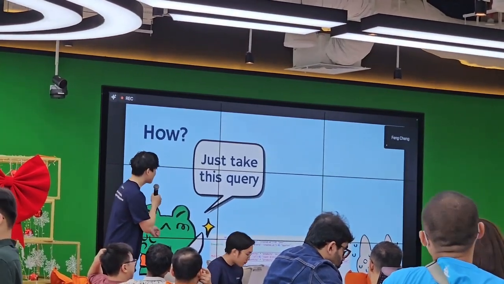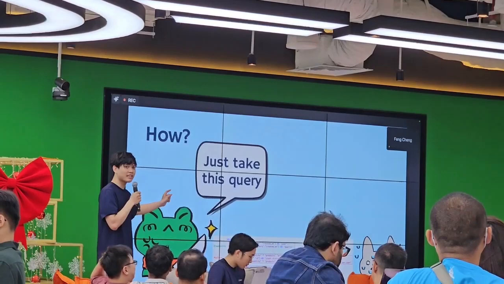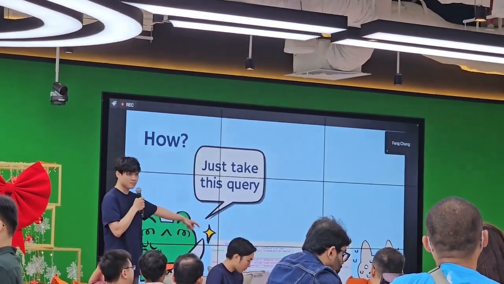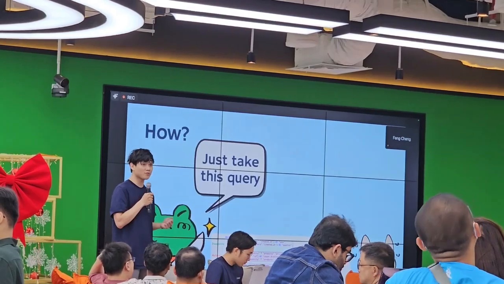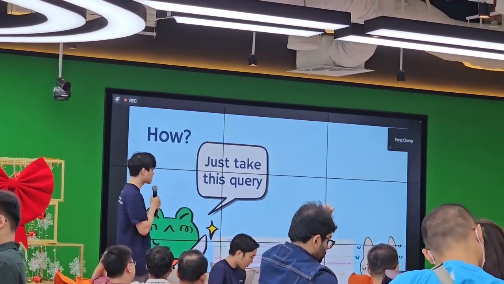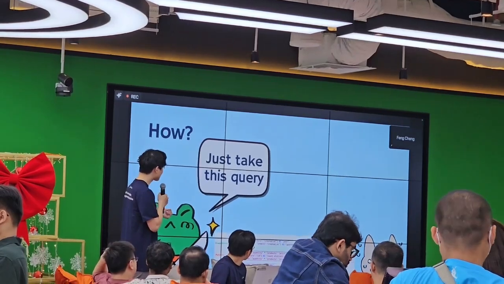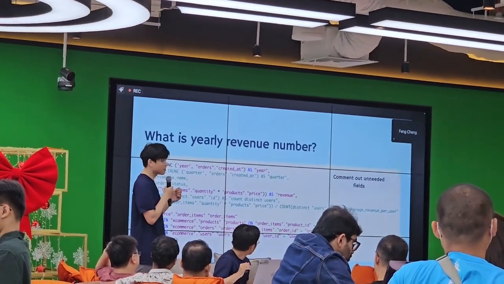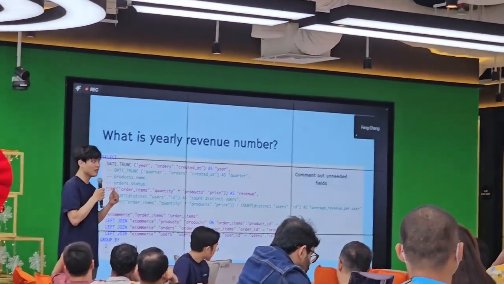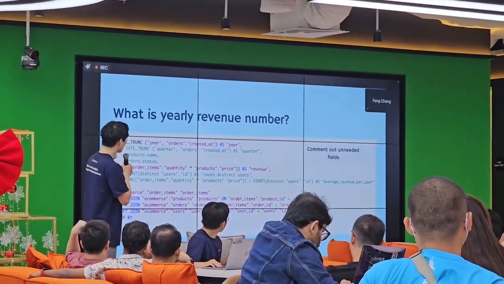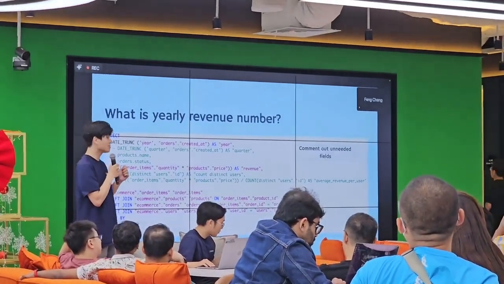Yeah. So without any abstraction, Bob can simply take this query and give it to Adam, and then teach him to use this query with some documentation, with no abstraction at all. If Adam wants to ask the yearly revenue number, he can simply take that previous query and comment out every part that he doesn't want and just keep the part that he wants, right?